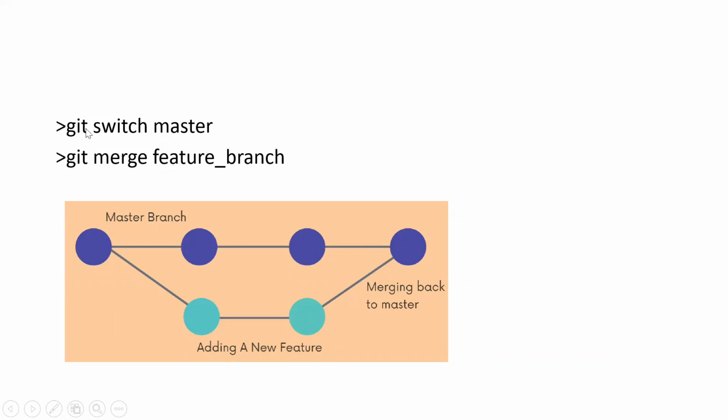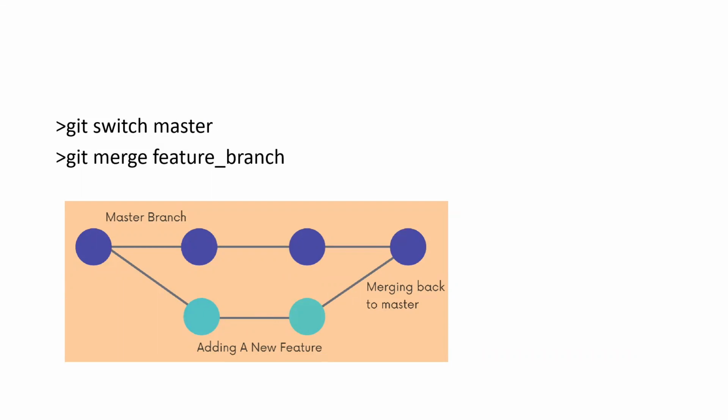That is the first command: git switch, then the master branch, which is the main branch. So the command is git switch, then the main or master branch name. Then I have to merge. This is the feature branch. So git merge feature branch. That means whatever extra is in the feature branch will be merged into the master branch. That particular commit should be done over here. So this is the merging concept.